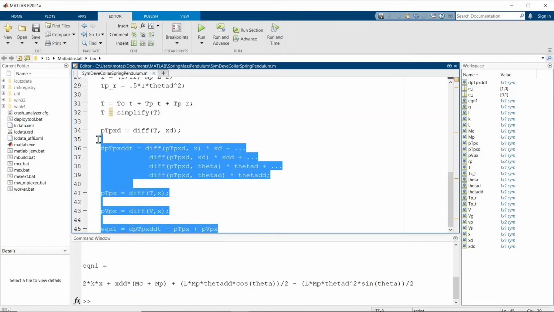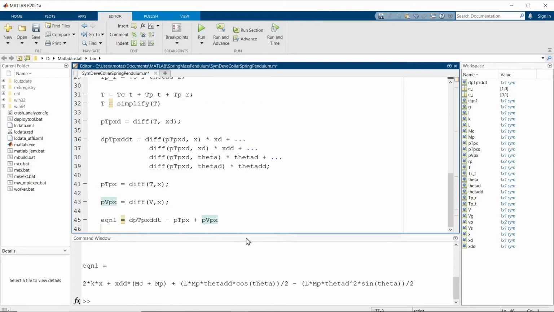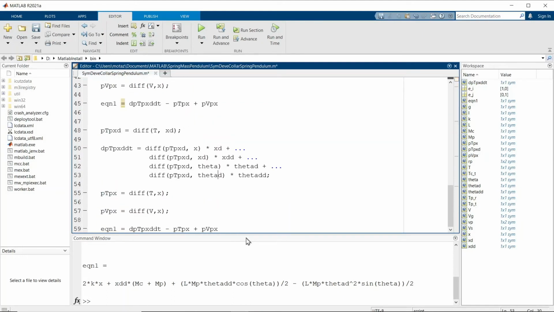And then we'll have to do the same for theta, so we can just copy and paste. So first we change this from x dot to theta dot. Same here. dp dt p theta, d dt.